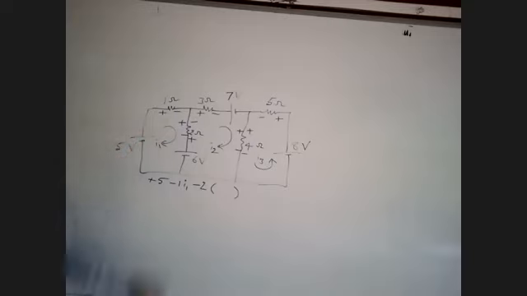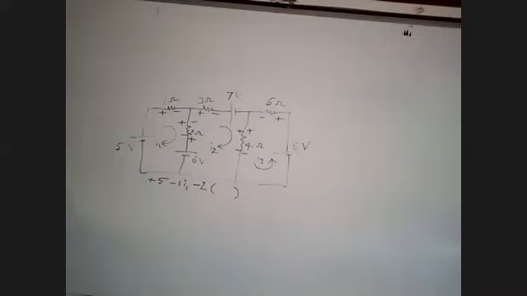Two currents are flowing, but what do you write? I1 minus I2, because I1 is the reference. First we take I1 in the first loop.